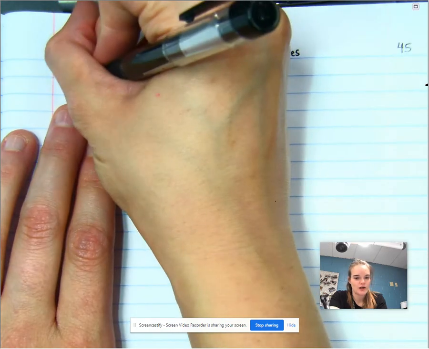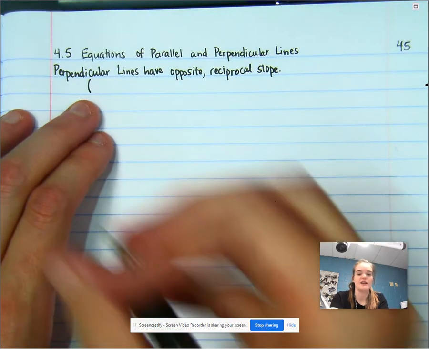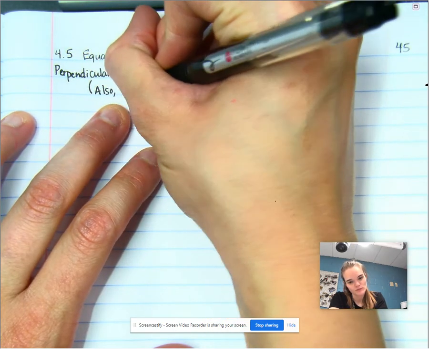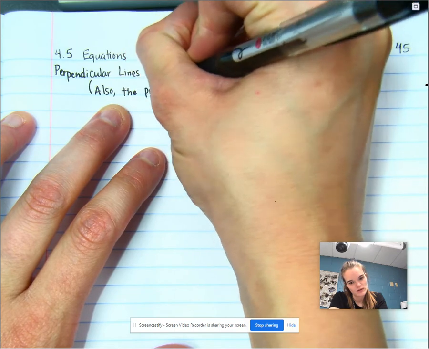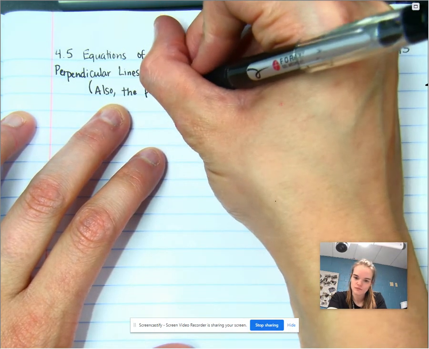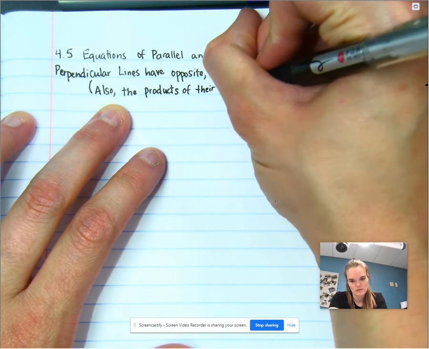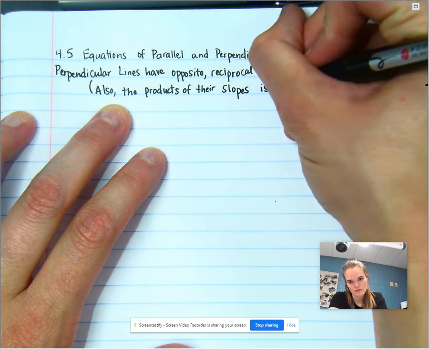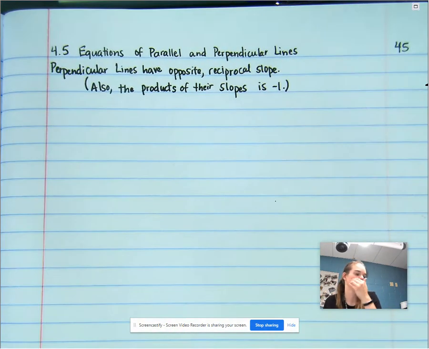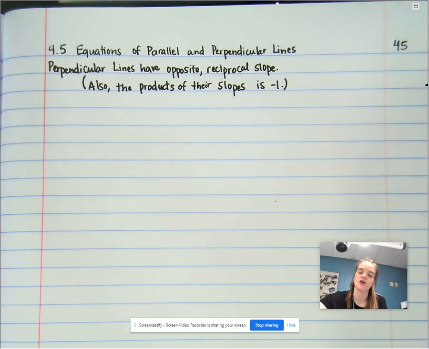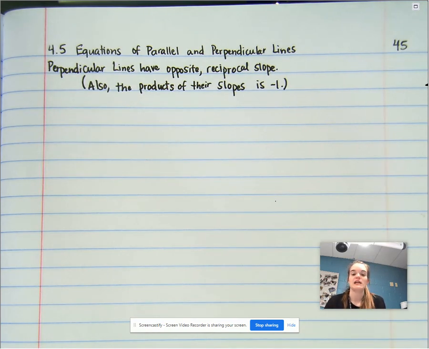In your book or in other things, it will say the product of their slopes is -1. Sometimes you'll see that as a proof. It'll say, show that the product of their slopes is -1. That's the same as opposite reciprocal. If you multiply their slopes together, like 1/3 times -3, those are opposite reciprocal slopes, the product is -1, okay?